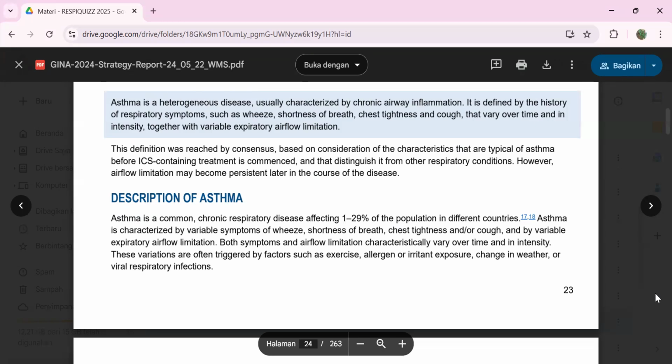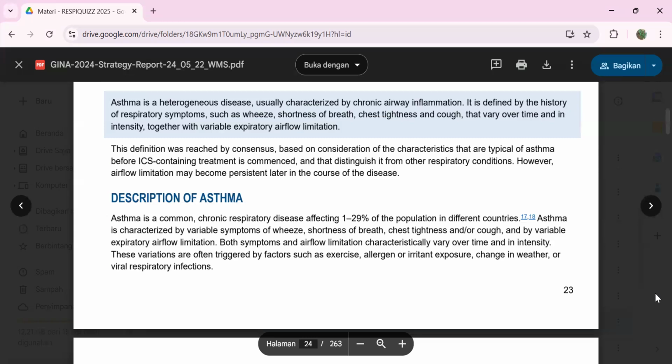Description of asthma. Asthma is a common chronic respiratory disease affecting 1 to 29% of the population in different countries. Asthma is characterized by variable symptoms of wheeze, shortness of breath, chest tightness, and/or cough, and by variable expiratory airflow limitation. Both symptoms and airflow limitation characteristically vary over time and in intensity.